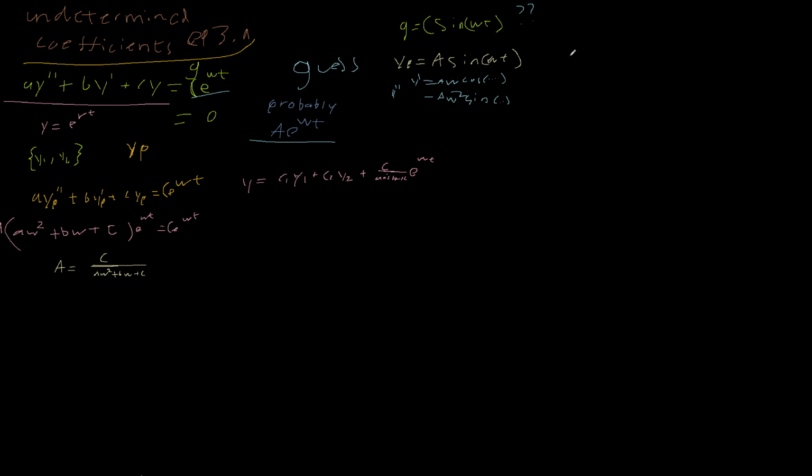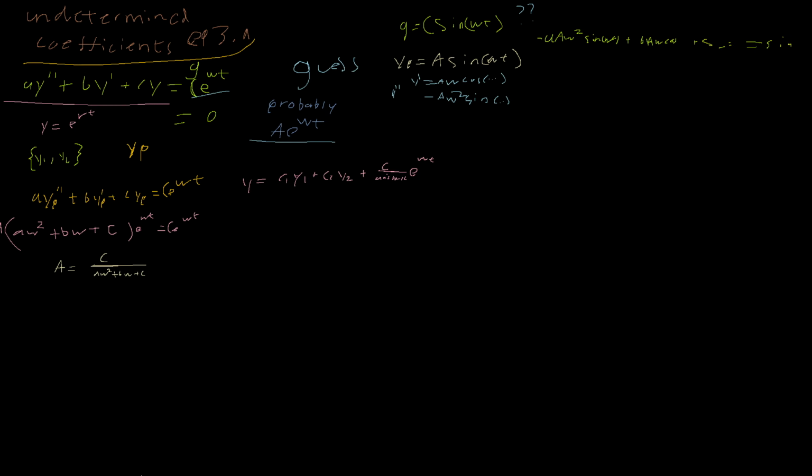What's going to happen is we end up with the full equation; I'm going to try to write it, though I might run out of space: A of minus a omega squared sine omega t plus b A omega cosine plus c sine, whatever, is equal to sine.